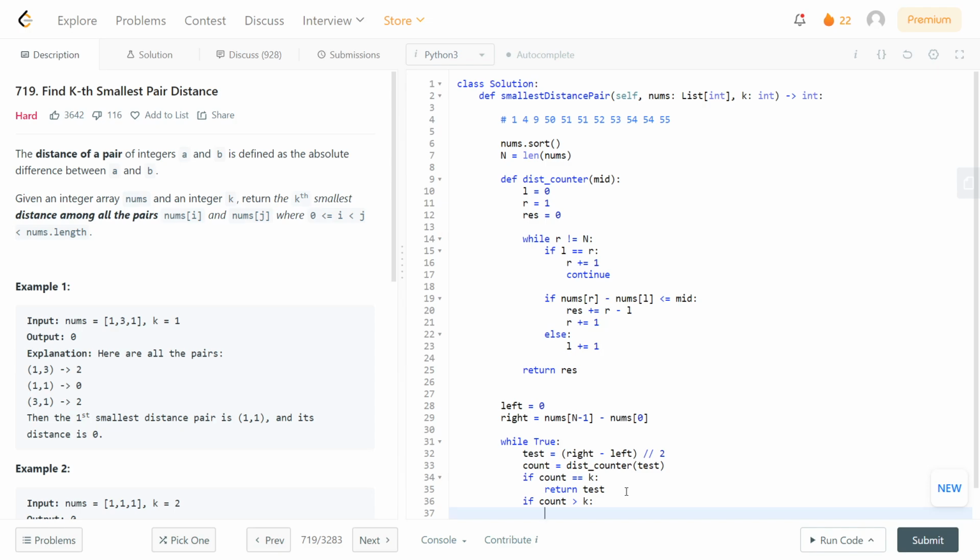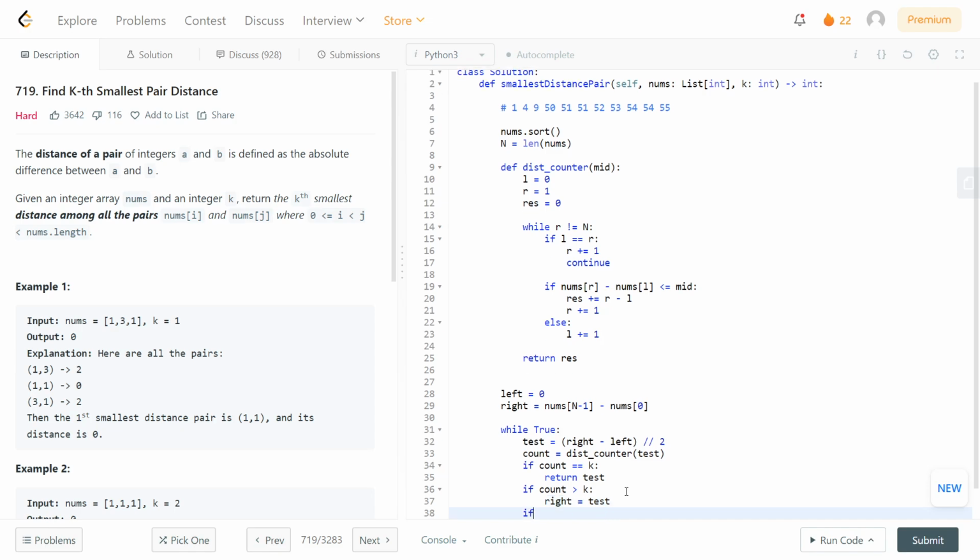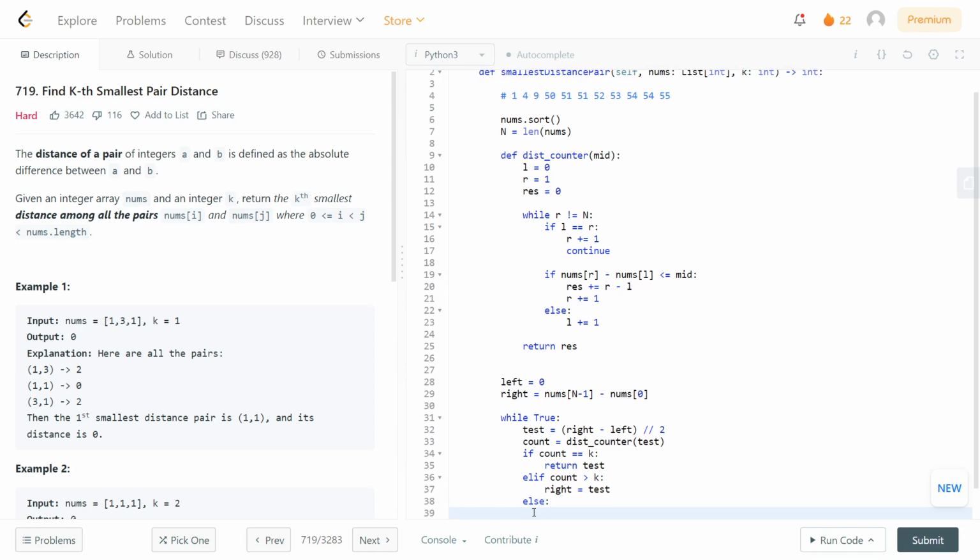So we have too many elements. We need to reduce our right side. So right is equal to mid, to test. Left stays the same. Else right is equal to test.